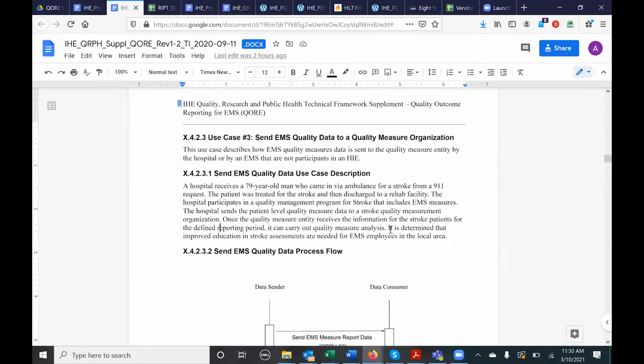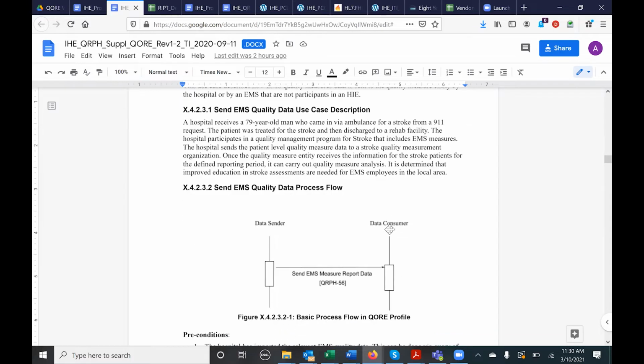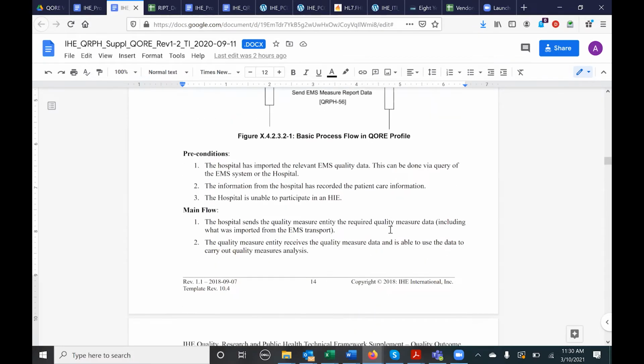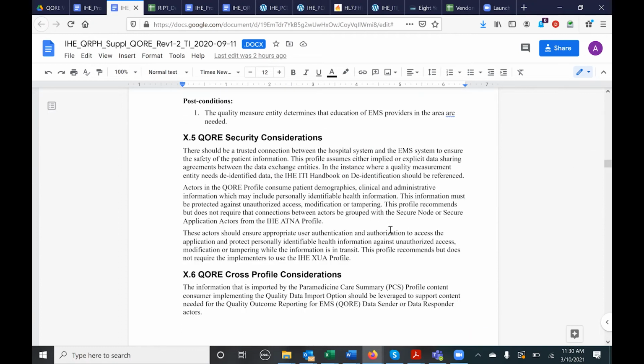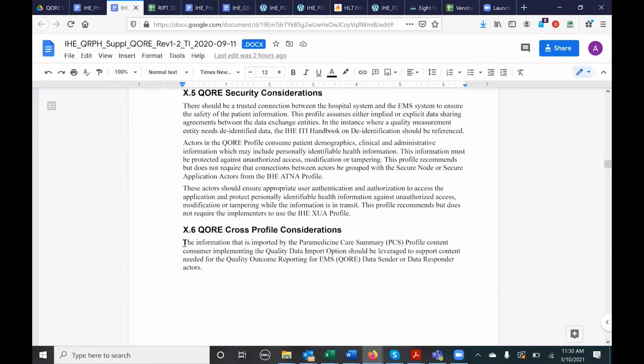We've opened up this profile a little bit to include hospital capabilities of utilizing this to either send to an HIE or send to specific registries, or have the information available in an HIE, so a registry can query the HIE for these data elements as well. So we have that dynamic going on over here. Then we have our security considerations, and right here in our cross-profile considerations, we have that pointed out.